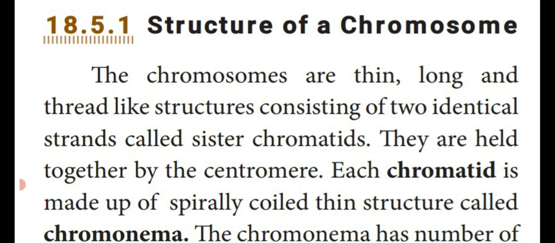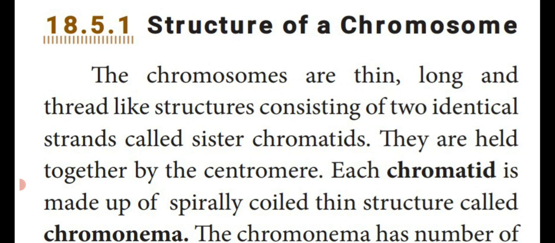Now, we are going to see the next topic, that is the structure of a chromosome. These chromosomes are present on the inner side of the nucleus, a thin, long, thread-like structure which consists of two identical strands. That means similar strands called chromatids.